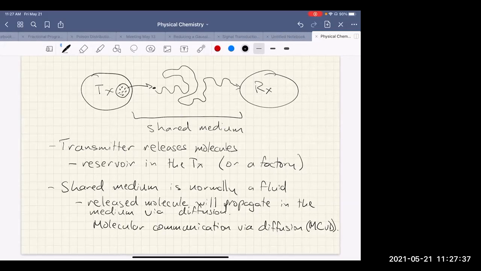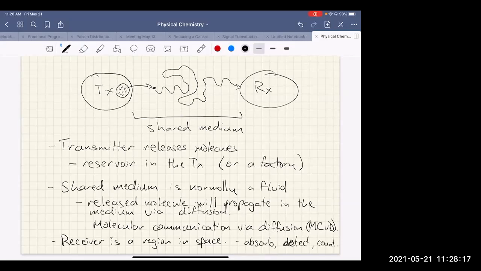So we can imagine the receiver is a region in space. And what can the receiver do? Actually, let me back up. It can not necessarily just count, but the first thing it does is it can do things like absorb, detect, and count.